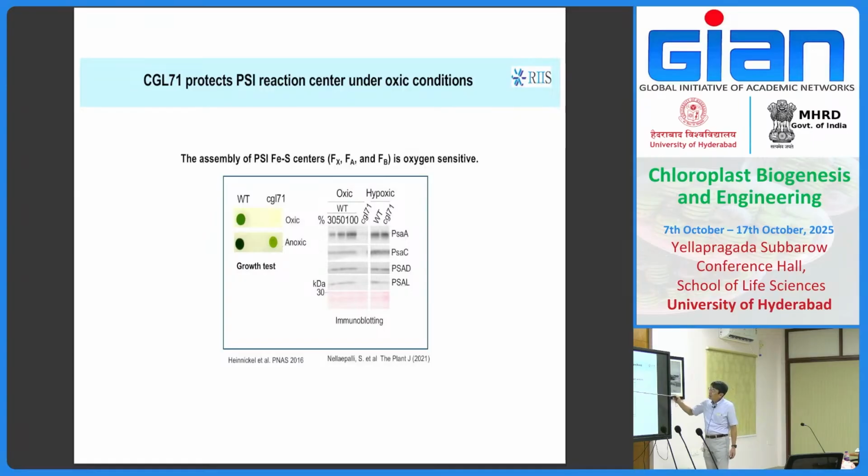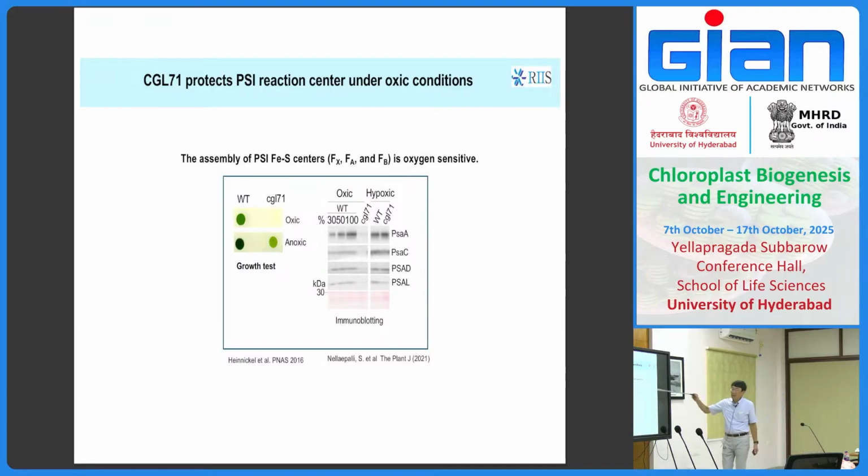Wild type dilutions 100, 50, 30, and CGL71 grown in oxic condition. The PS1 subunits PsaA, C, D, L are almost missing in the cells of this mutant grown in the presence of oxygen.